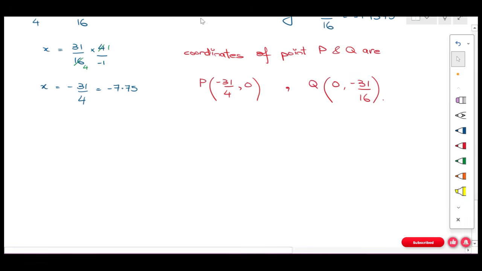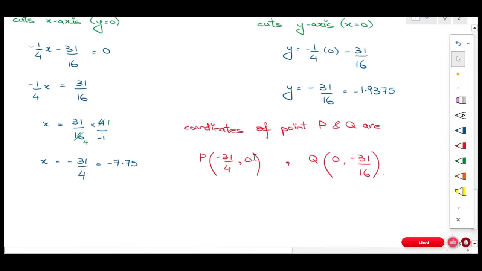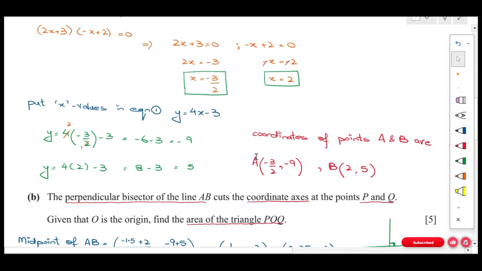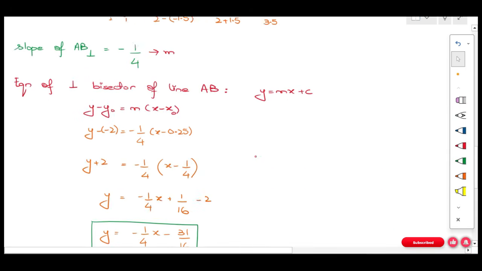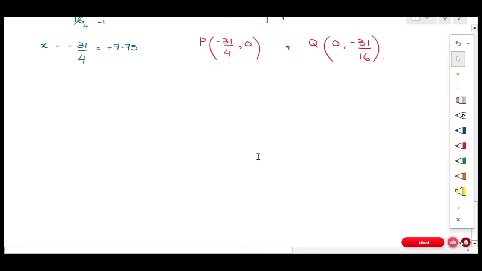All right, now let us visualize this situation. What are the coordinates of A and B? Minus 1.5 and minus 9, and 2 and 5. So if I can draw this line, let me do this over here.